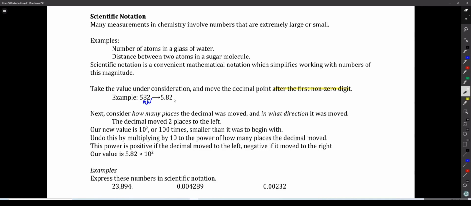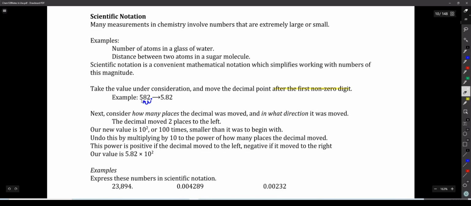Smaller. You're always making it 10 times smaller. And if you move it to the left twice, that's 10 times 10, 100 times smaller. So do we agree that 5.82 is 100 times smaller than 582? Yes. So these are not equal.